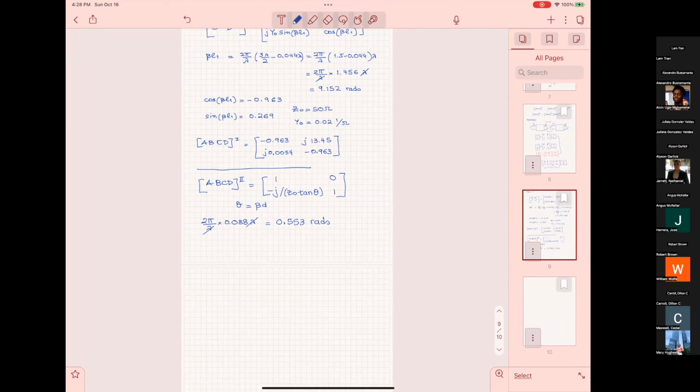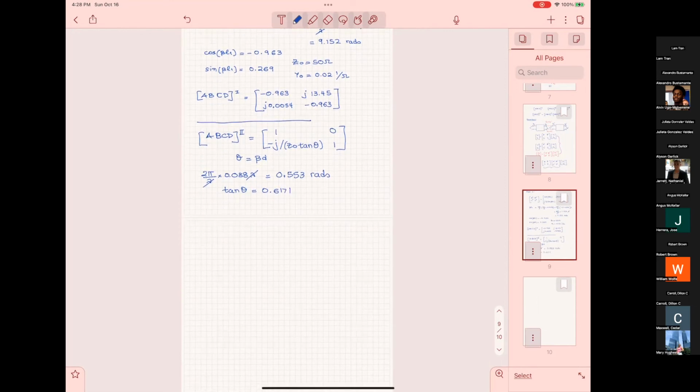Well, I hope so, maybe not. Let me see, I may have missed something. 2 times 0.088 times pi, yeah, I'm correct. Which means the tangent of this is going to be 0.6171.